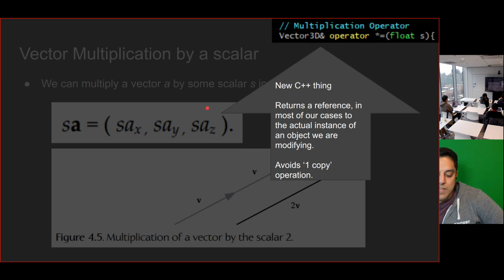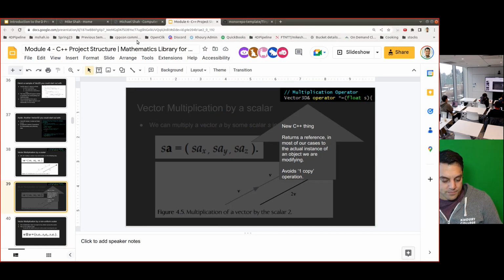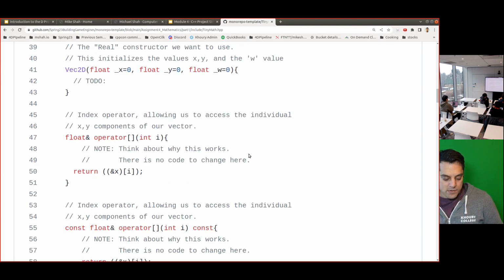Now, a new C++ thing, which is worth talking about and pointing out here, is you'll sometimes see this, vector, whatever the type is, and then the ampersand after. That just means that we're returning a reference here, so our actual object. Let me show you in the code for the actual vec2d. Let me go back to our repository.